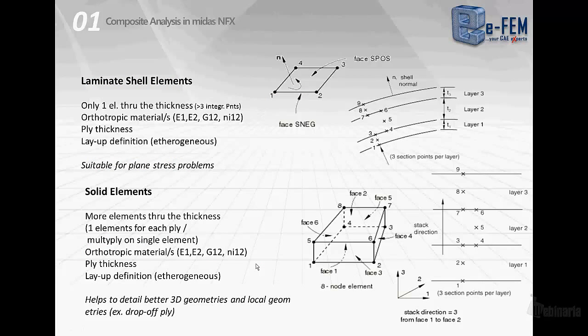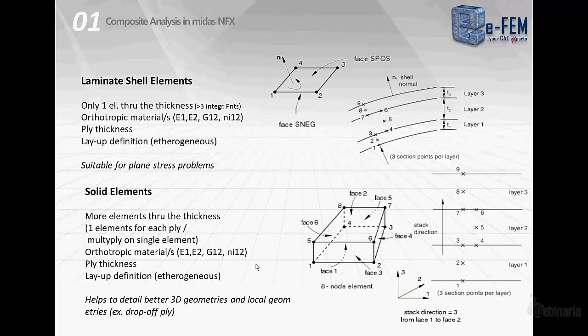How is all this theory used in the finite element? The finite element approach requires specific element formulation for composite material. In general, we have two widely used types of elements for composite analysis.